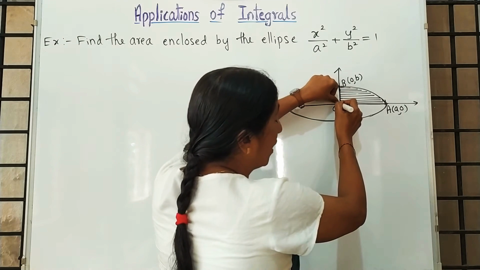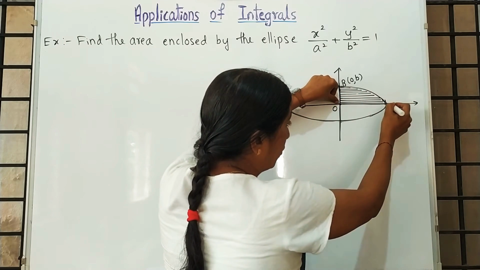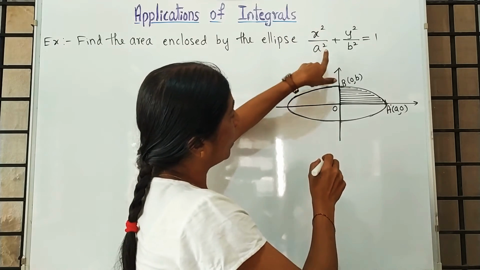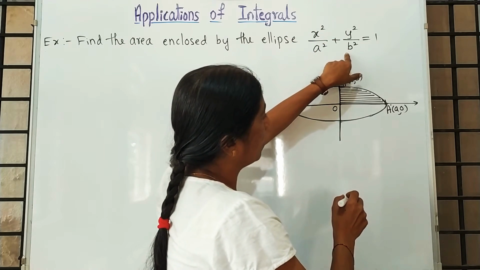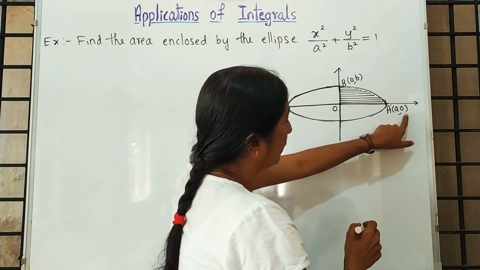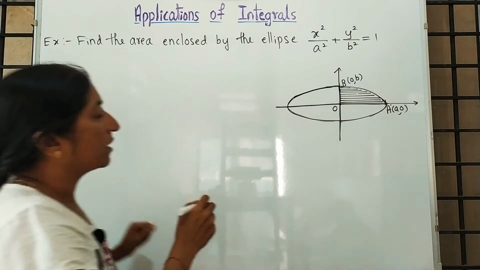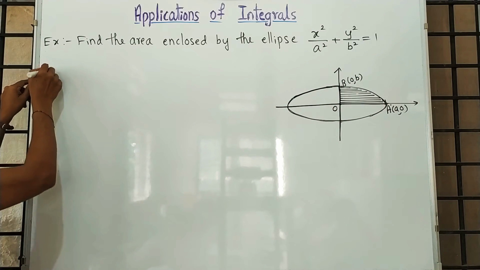Here the value of x is 0 and this value is a. For x square upon a square plus y square upon b square, the vertices are a comma 0 and 0 comma b. So then what do you write?